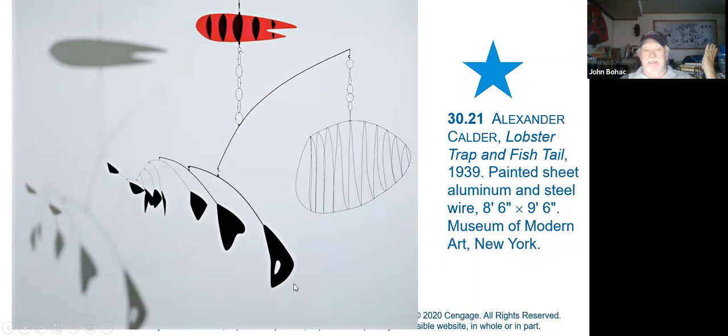Bottom line, he's dabbling in surrealism as well. But Calder, again, one of those American artists who had his ear to the ground, had a pipeline to European art, and explored some of the ideas that were being generated by the modernists in Europe.